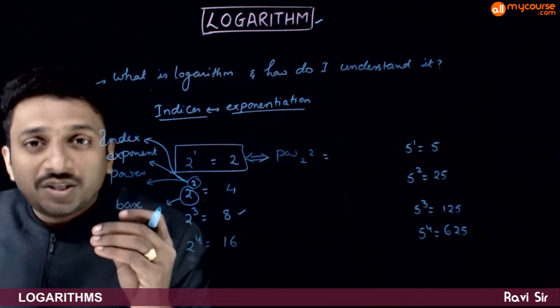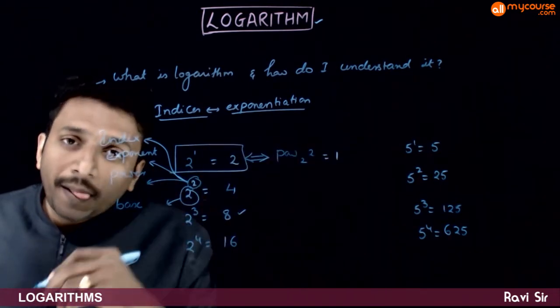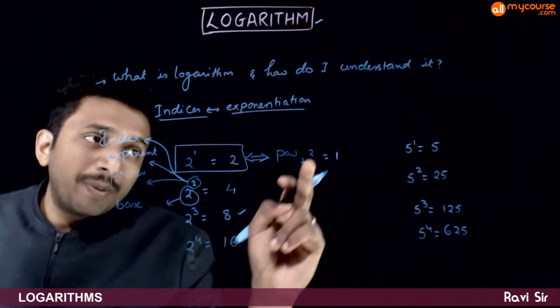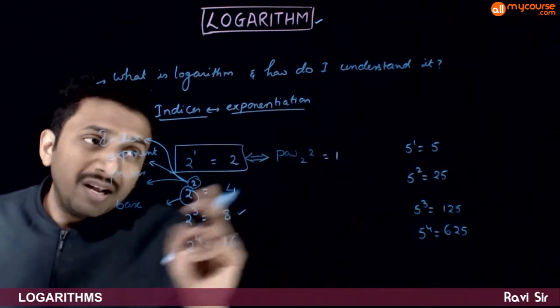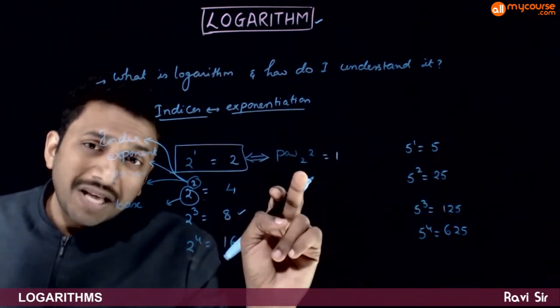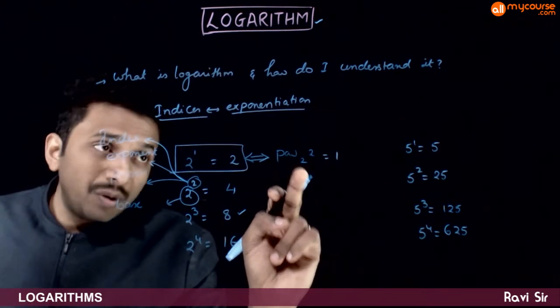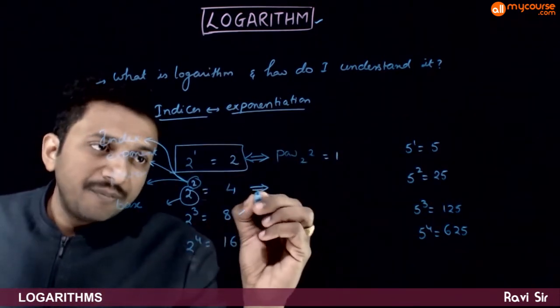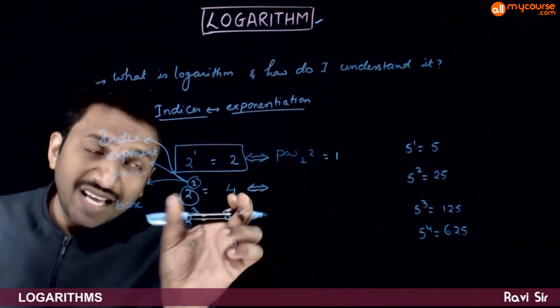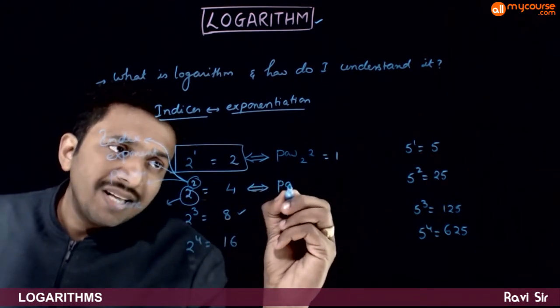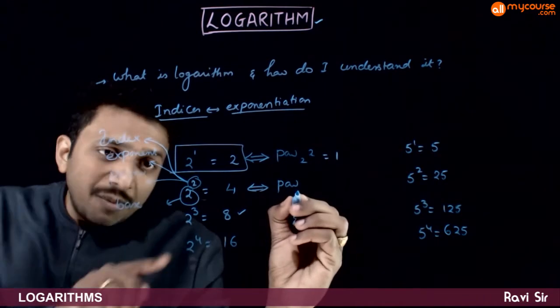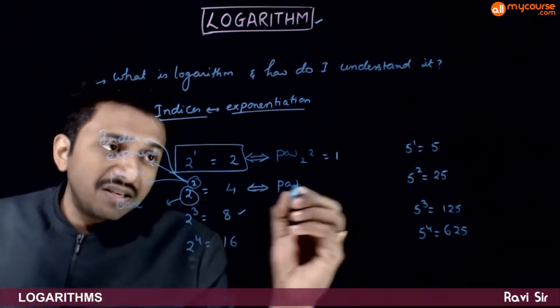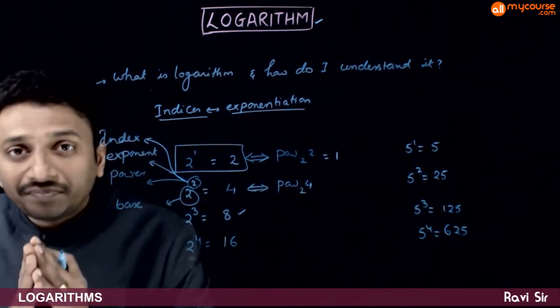So we know that 2 has to be raised to the power 1. So the power of 2 present in 2 is 1, or the power to which this base 2 has to be raised to get the answer as 2 is equal to 1. Now, can I write the same equation like this? What is the power to which the base 2 has to be raised to get 4 as the answer?